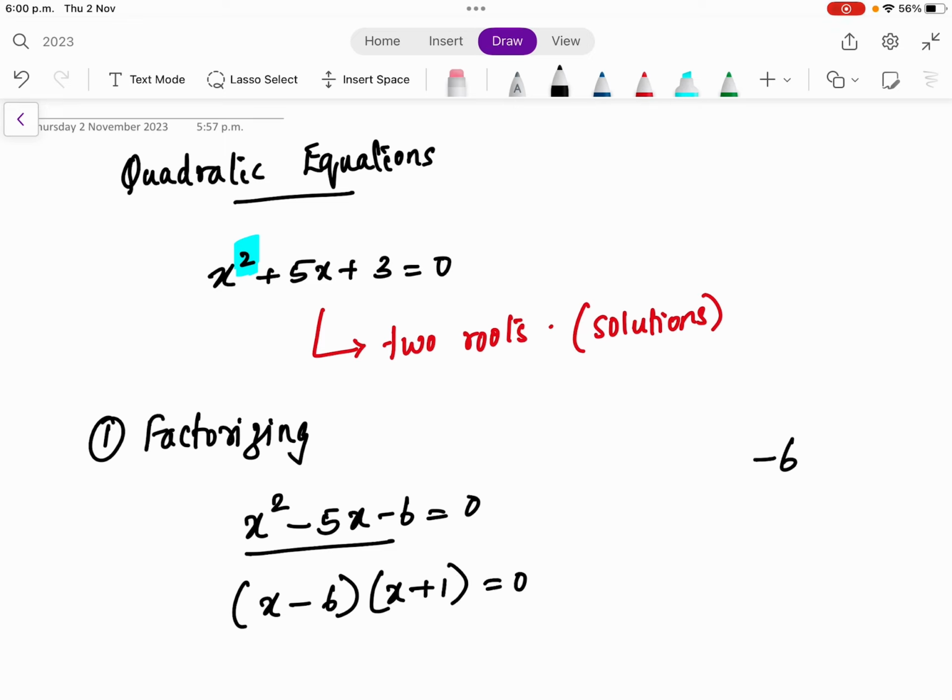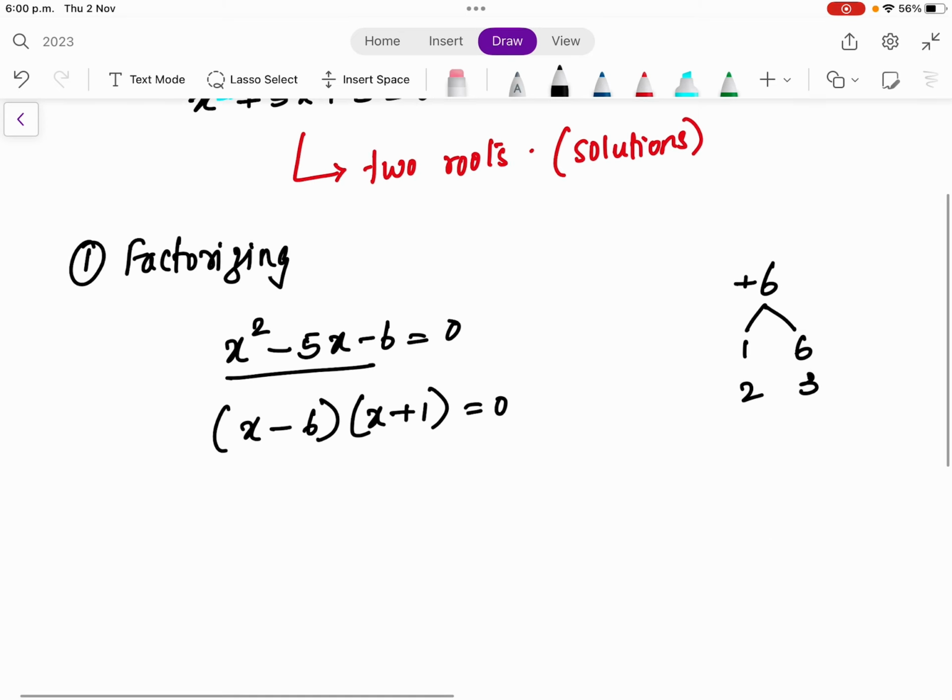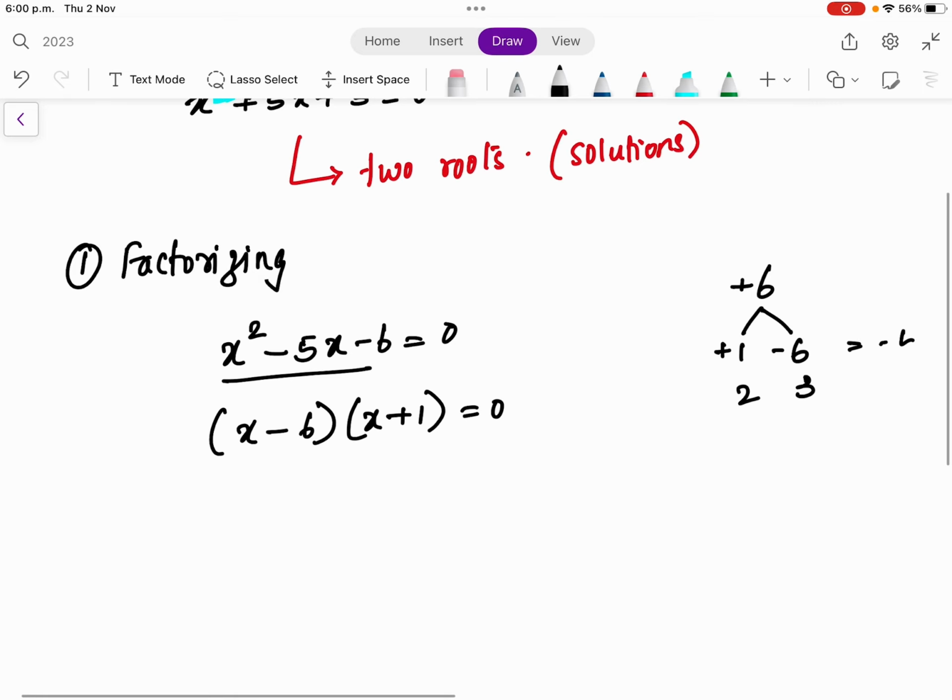If you don't know how, take the factors of minus 6, or maybe plus 6, 1 and 6, 2 and 3, and then see what two numbers added together, whether positive or negative, will give me minus 5. In that case, I find minus 6 and plus 1, and this will yield minus 5, which is the middle term of this quadratic equation.